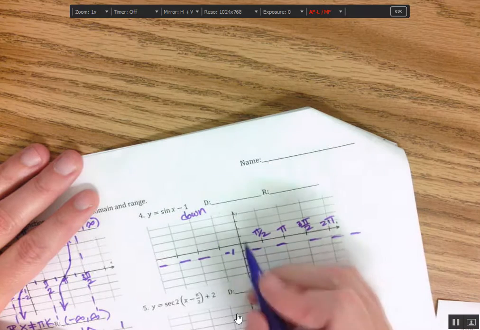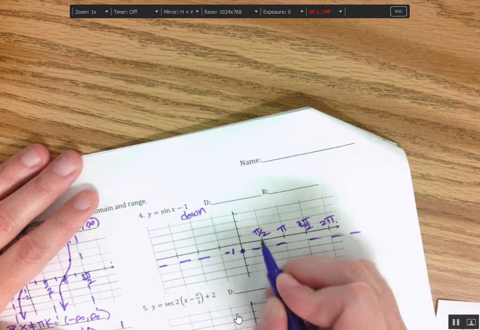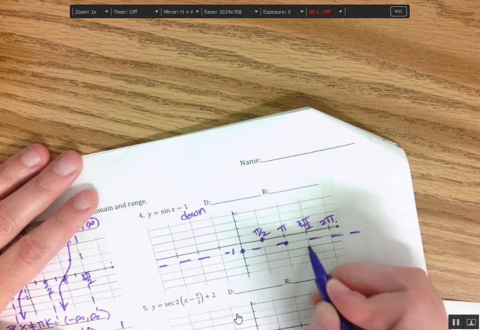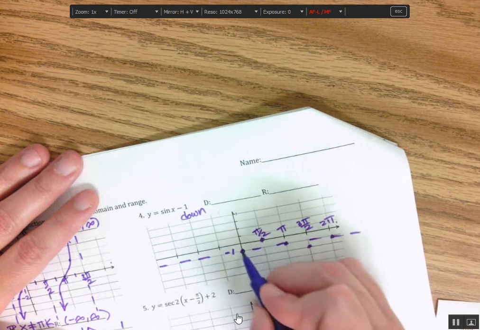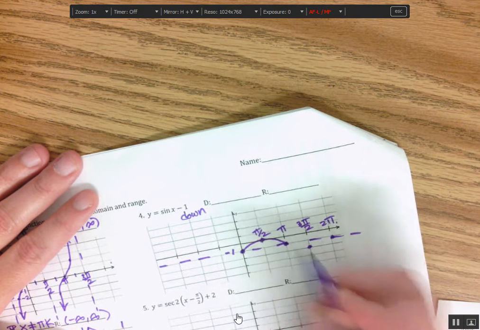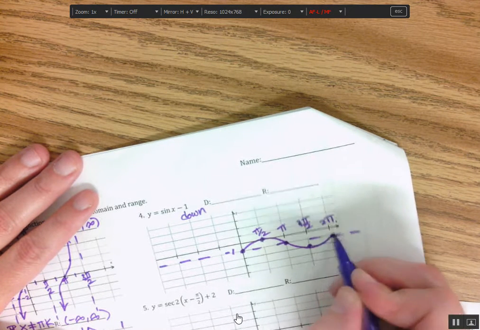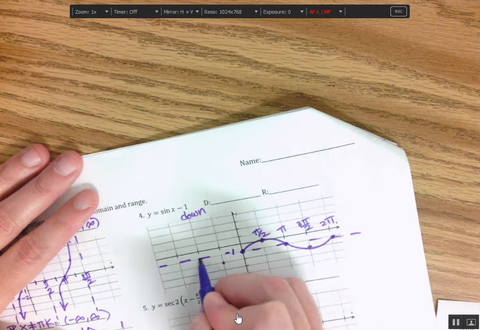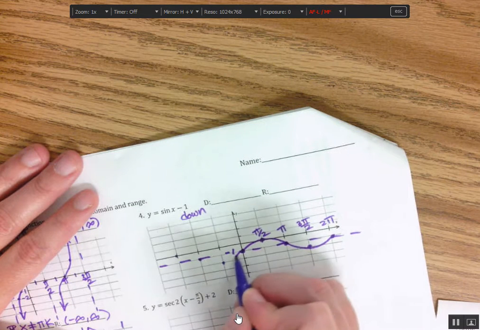All right, and then sine starts on the midline, and then up, midline, down, midline. And we know it keeps going forever, so you could keep going backwards too.